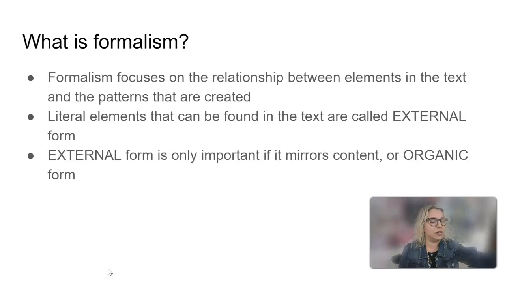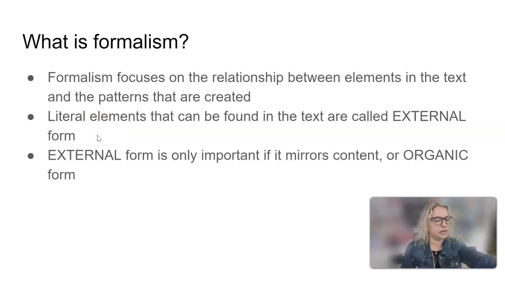All of these elements are what formalists call the external form. The external form are the literal pieces that a reader can pick out and describe. And we call those authorial choices, examples of literary features.